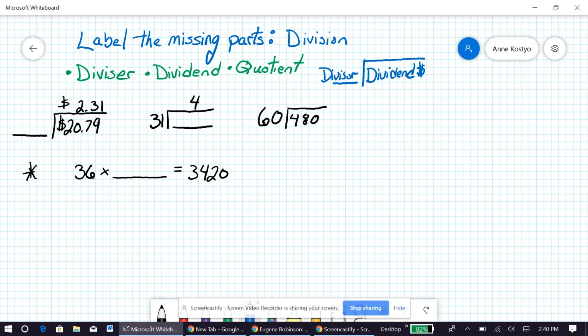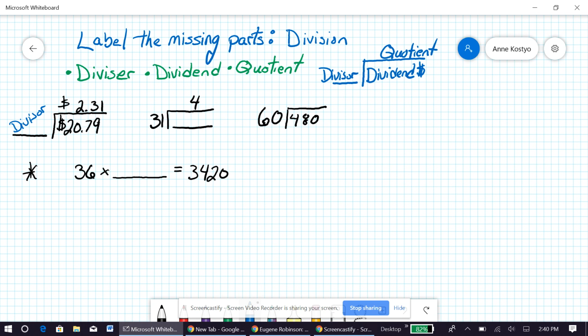And on the top of the bank, we had the quotient. Okay, so basically we are matching what is missing. So in the first problem, the missing part would be the divisor, because that would be in the front of your bank.